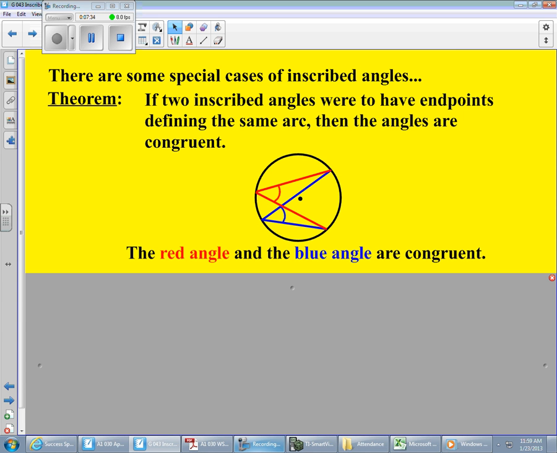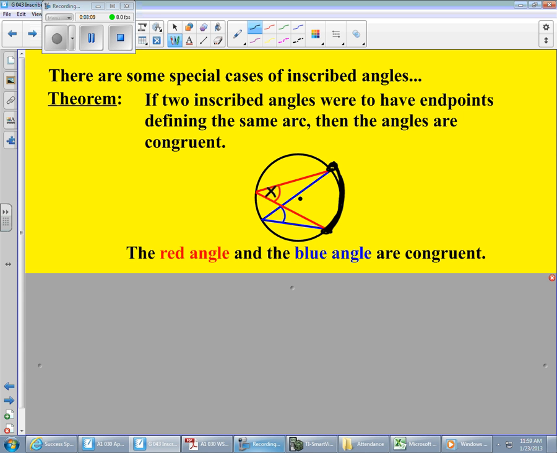But this is very much common sense, and let me show you why. Let's say that we have an angle measurement inside of here. I'm going to give this angle measurement, that red one, a measurement of x. Then if I were to ask you what is going on with the measurement of its intercepted arc. Well, what's the rule between an inscribed angle and its intercepted arc?